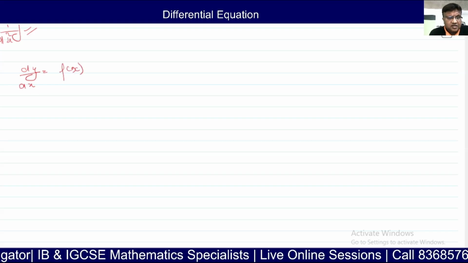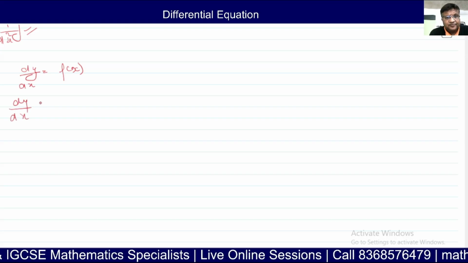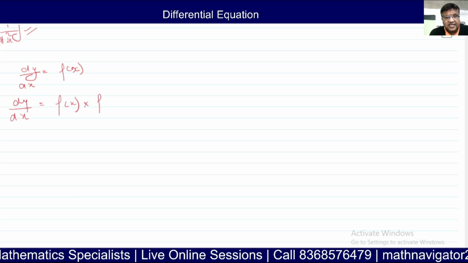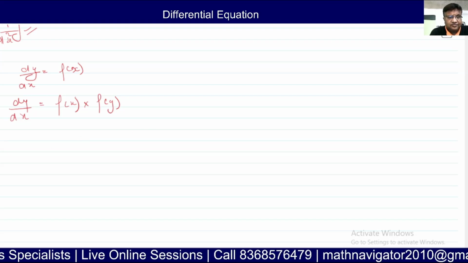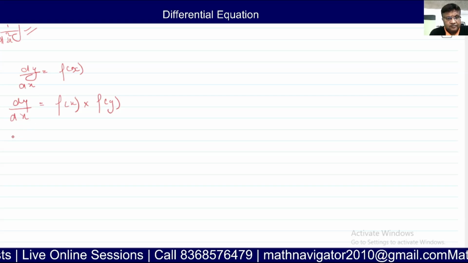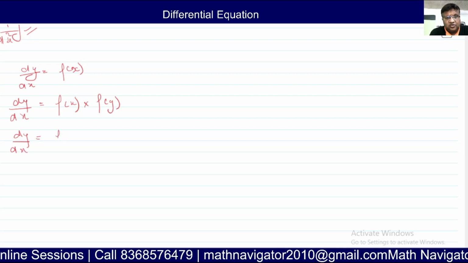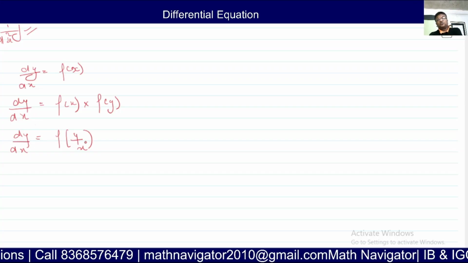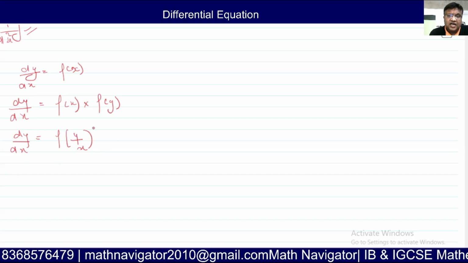Then if you have dy by dx is equal to f(x) times f(y), or let's say dy by dx is equal to f(y/x), this is called homogeneous differential equations. We cannot separate the variables. We will understand how we can solve it.